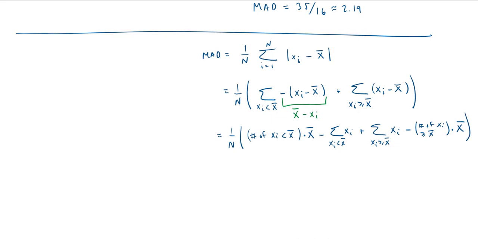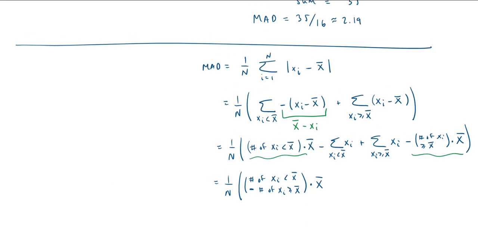Okay, and now let me rearrange to take the first bit and the last bit and put them together. So this is equal to 1 over n times the number of xi's less than x bar, minus the number of xi's greater than or equal to x bar, times the mean.